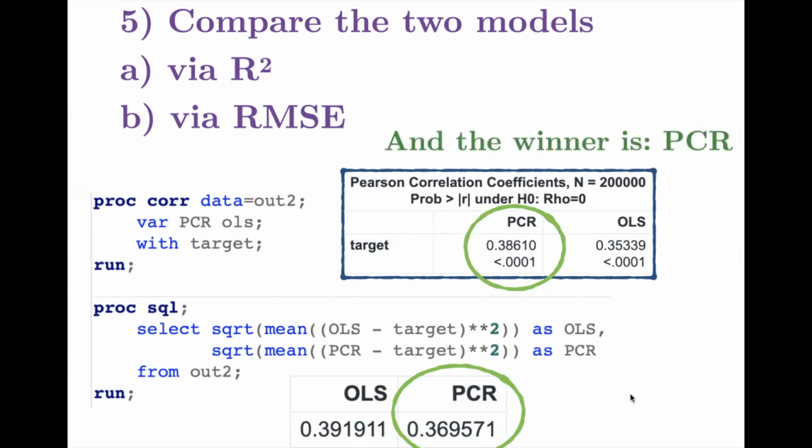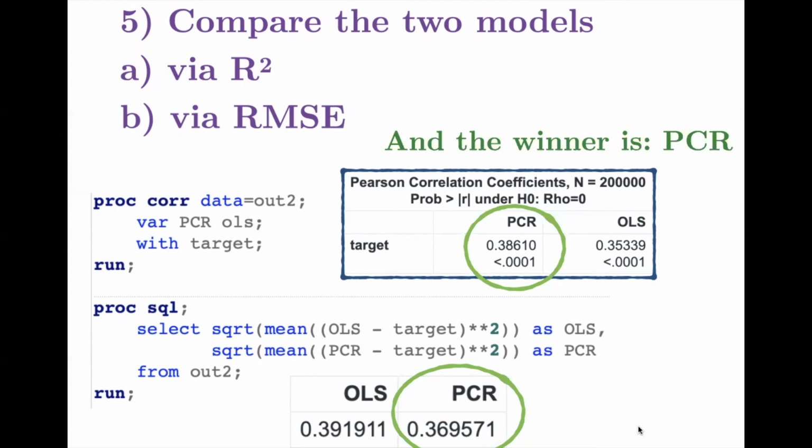This second proc SQL just computes the root mean squared error for each model. And again, it's lower for PCR. So there you have it, a situation where PCR beats OLS.